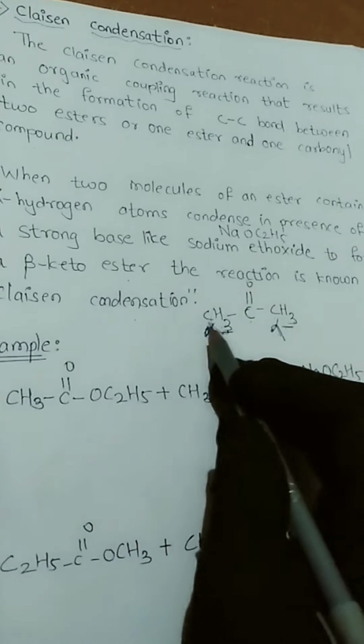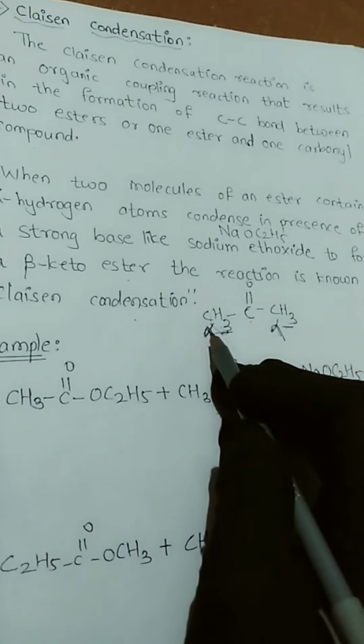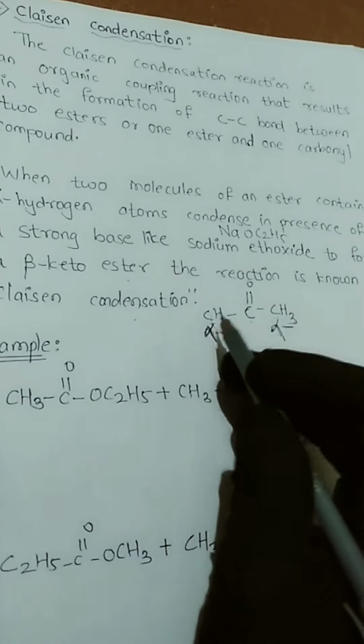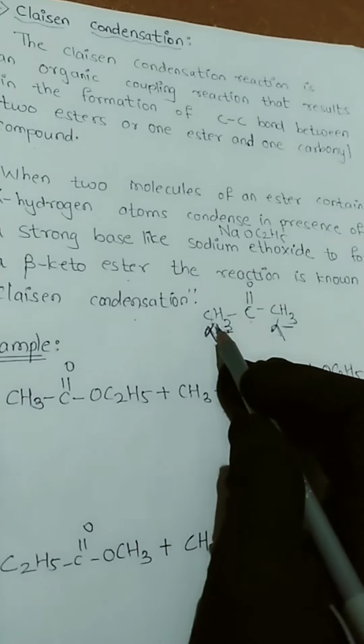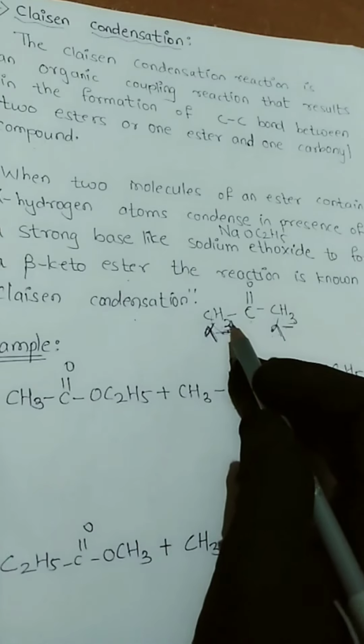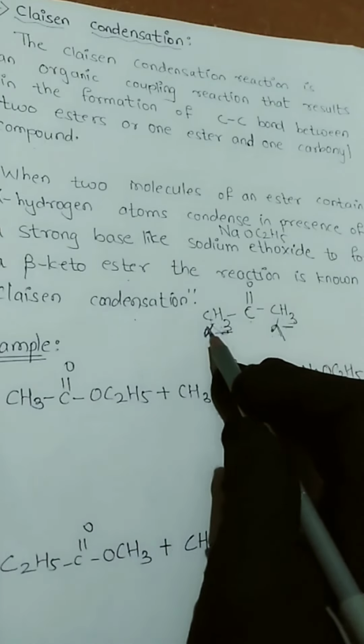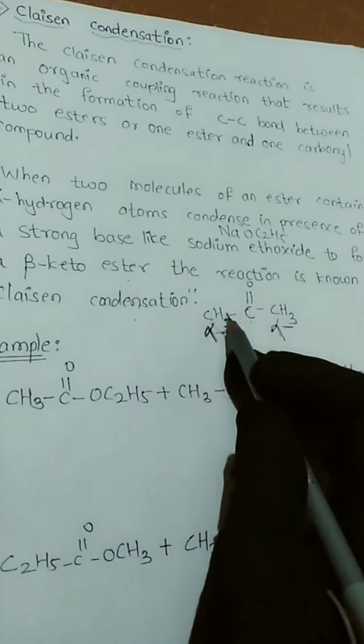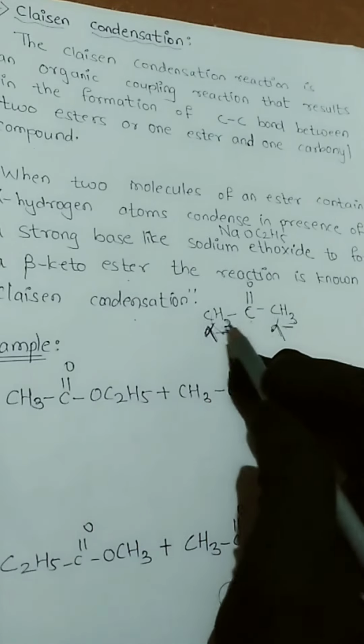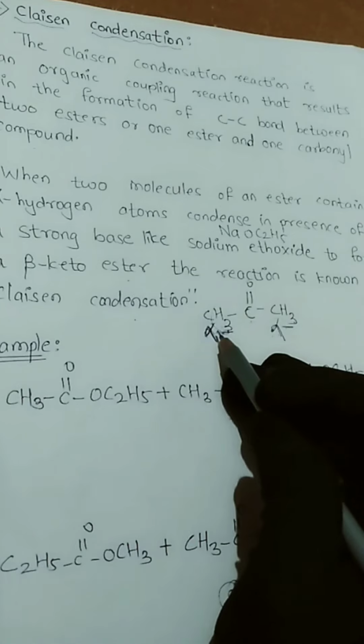We know which is the alpha carbon, but now we will get to know which is the alpha hydrogen. The alpha carbon which is directly attached to a hydrogen, that hydrogen will be named alpha hydrogen.